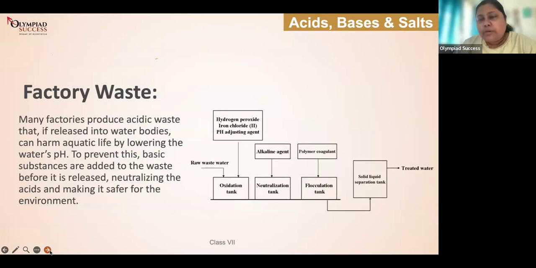You can see here that an alkaline agent is used in the neutralization tank, and it works with the factory acids. It neutralizes the factory waste, and then it is ready to be dumped in the nearby water bodies. If not, it is going to affect marine life. Clear?